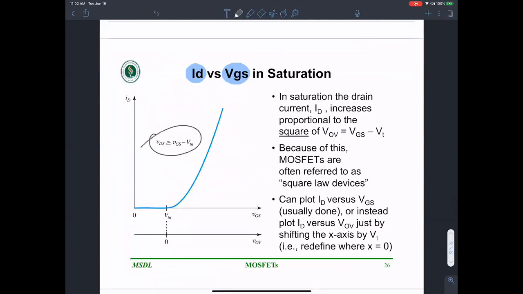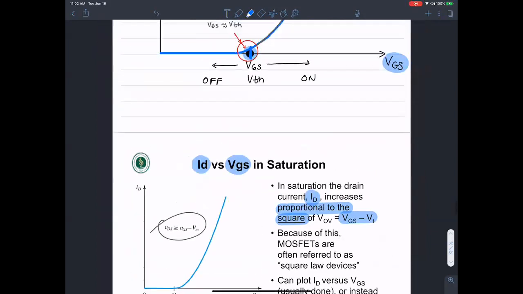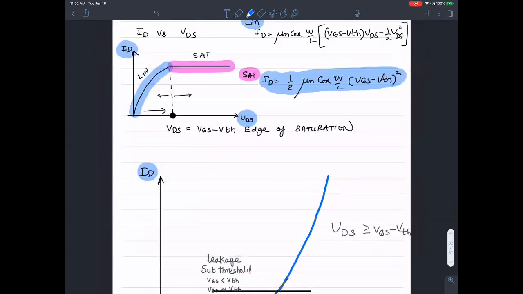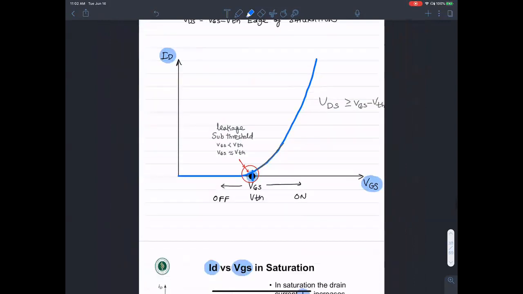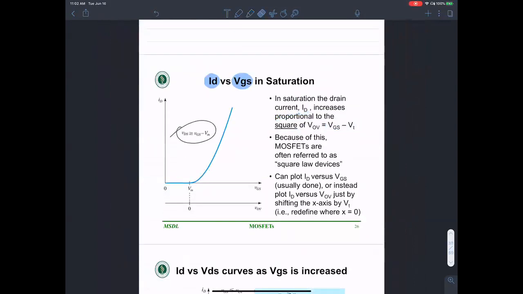So VDS is greater than VGS minus VTH. There's a square law dependence. ID increases proportional to the square of VGS minus VTH. So that's what we saw, right? ID increases as a square of VGS minus VTH. Because of this, MOSFETs are referred to as square law devices.